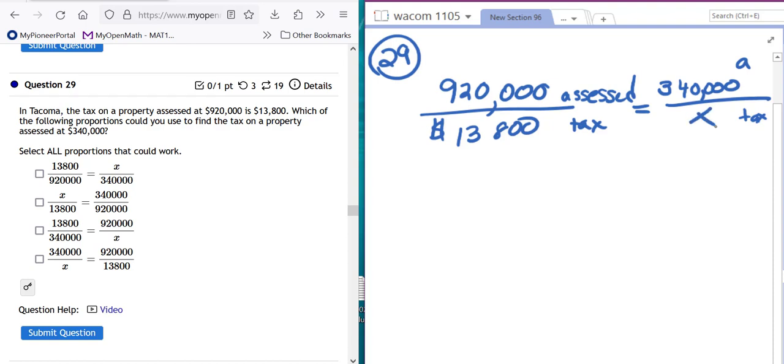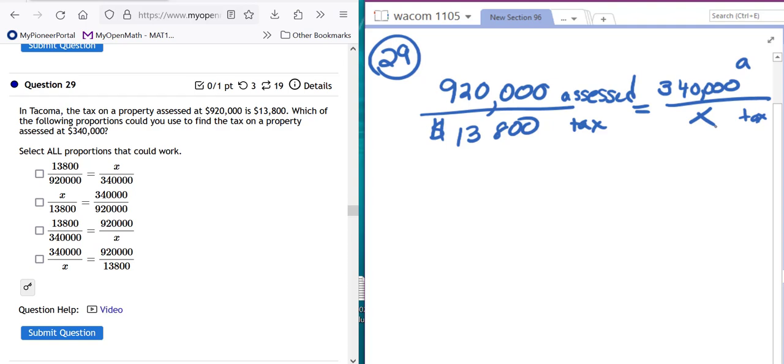And the tax is what you're solving for. And none of those choices are the same. That's how I would do it if I was going to solve it.